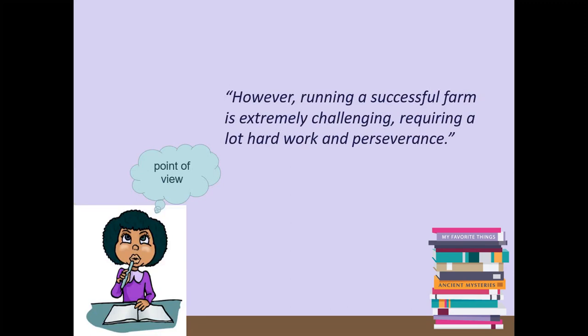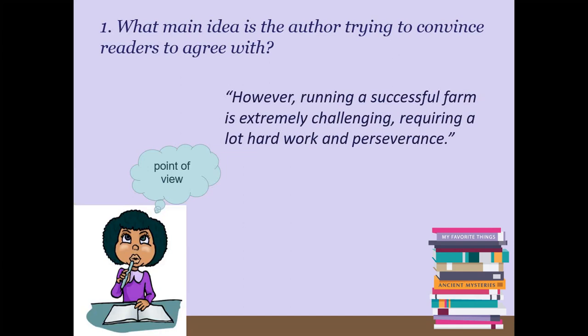So, the first question was, what main idea is the author trying to convince readers to agree with? In the second sentence, the author says, "However, running a successful farm is extremely challenging, requiring a lot of hard work and perseverance."